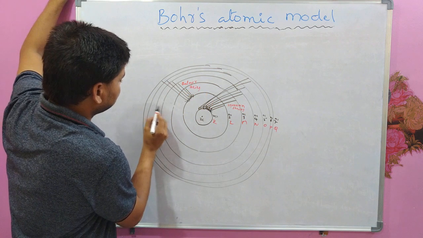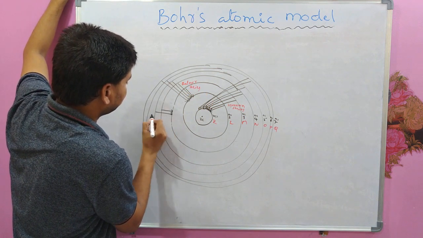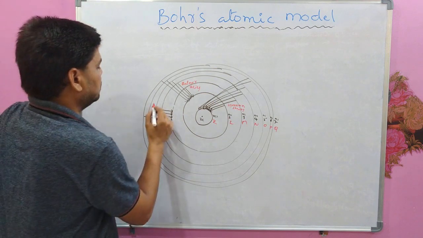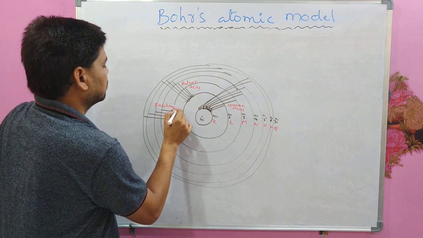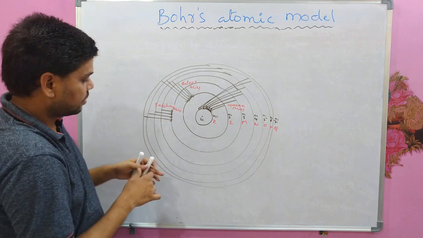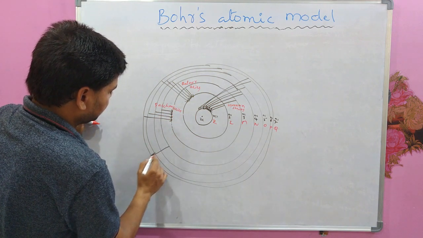The third possibility is Paschen, where the electron is coming to the third orbit, n equal to 3. And the fourth possibility is this.